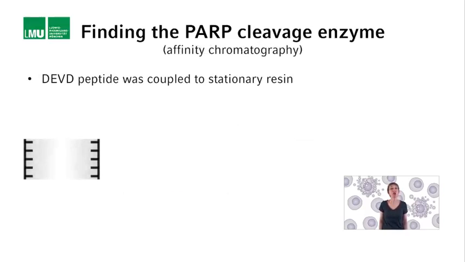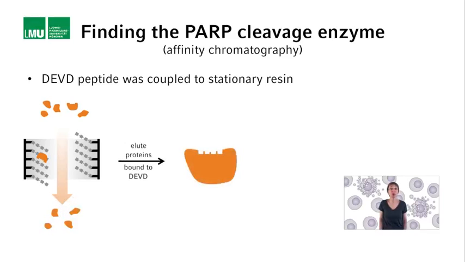As a next chromatography step, they therefore took a resin to which the DEVD peptide was coupled. And with this, they fished out of the mixture of negatively charged proteins that they had obtained using the anion exchange resin, those proteins that could bind to DEVD.